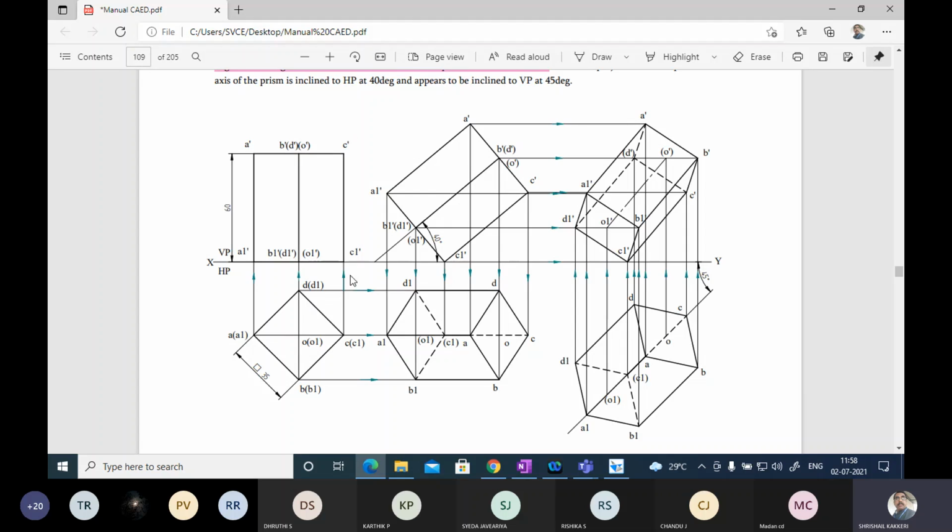O1 actually you should write in bracket, or without bracket also you can write it, no problem, because the axis is imaginary, I cannot show it properly. And the next position is, I have taken 50 degrees here because they have given 40 degree inclination, 40 plus 90, 130.